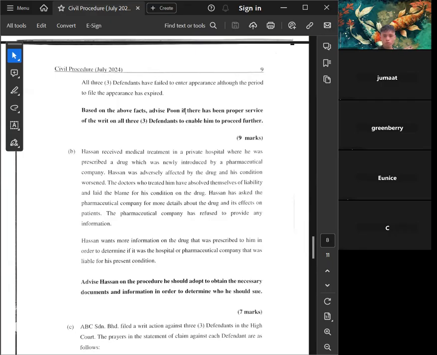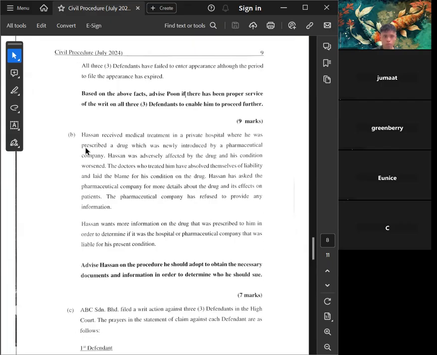Okay, so now we move to question B. Hassan received medical treatment in the private hospital where he was prescribed a drug which was newly introduced by a pharmaceutical company, and now he was adversely affected by the drug and his condition has worsened. The doctor who treated him has absolved themselves of liability and laid the blame for his condition on the drug. Now Hassan asked the pharmaceutical company for more details about the drug and its effects on patients.